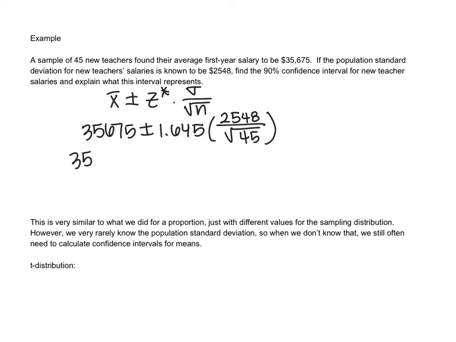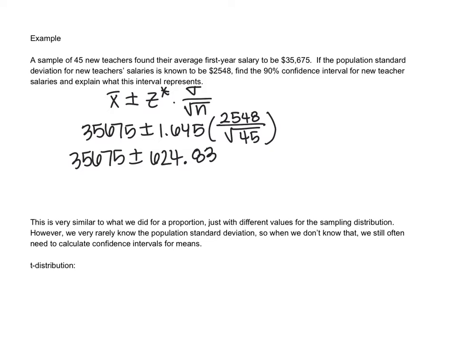So we'll have 35,675 plus or minus, and I'm going to do this all in one step in the calculator. Okay, and then we have 624.83. I'm only going to round to 2 decimal places here because we are talking about salary, which is a number, and we only round numbers to 2 decimal places.